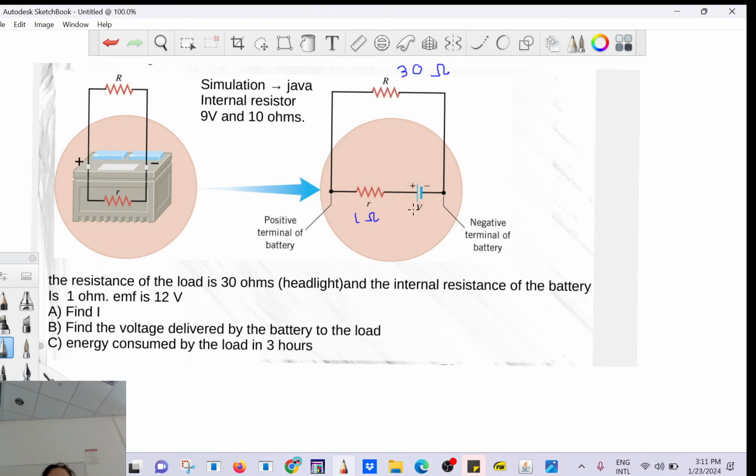And first of all, you need to find the current. So you have a power supply, 12 volt. This is what we call the EMF. And then you have one resistance here of 1 ohm. And then you have a load of 30 ohms. So can you find the current?